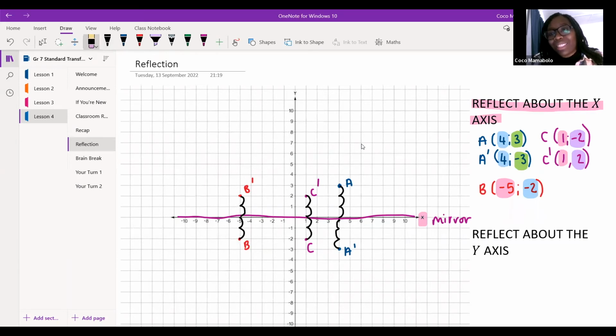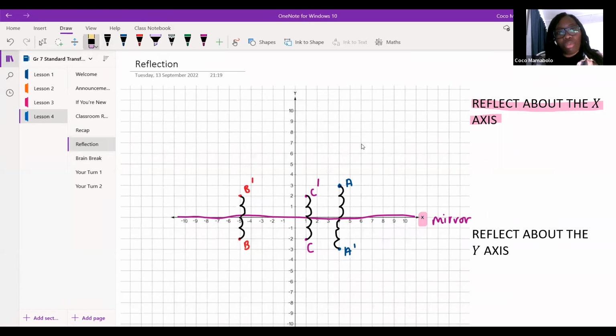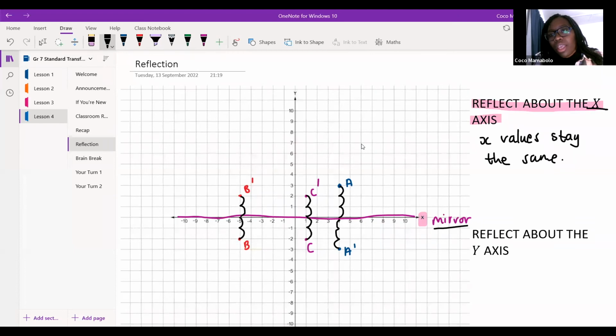When we reflect things on the x-axis, because I've made my x line my mirror, my x values stay the same. And my y values change sign. They don't change completely, just the sign. They go from positive to negative or from negative to positive.